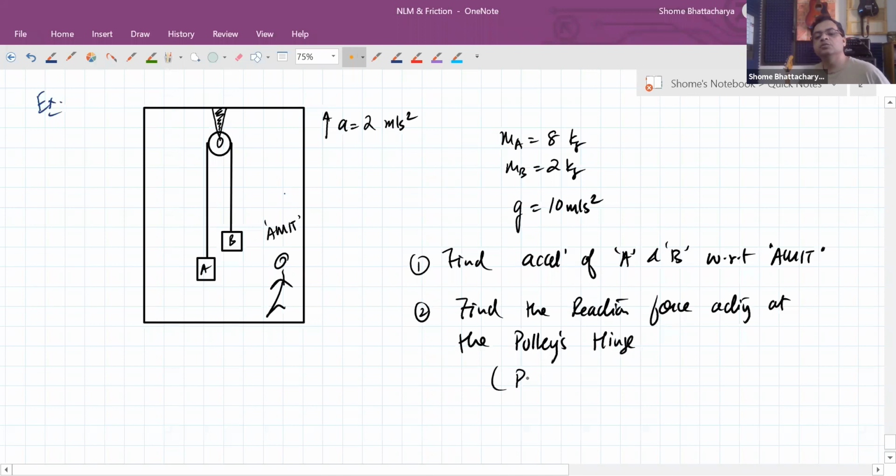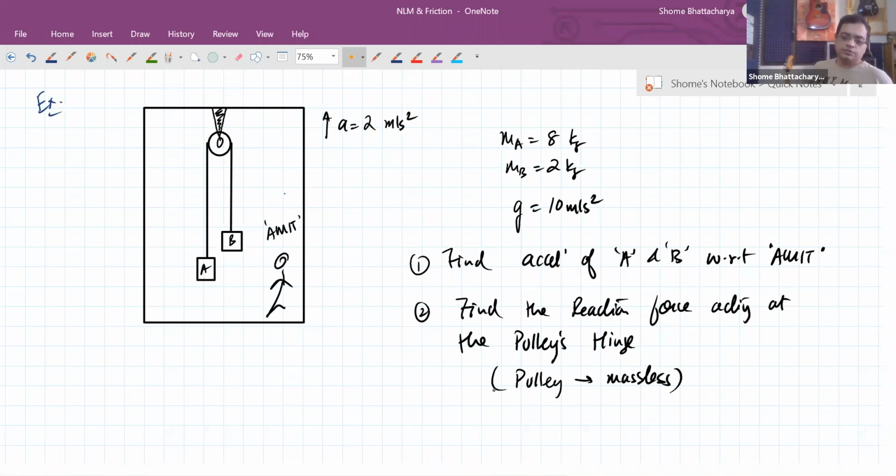Consider the pulley to be massless or of negligible mass compared to these weights. So let us understand this question in detail next to fully understand the concept of pseudo force.